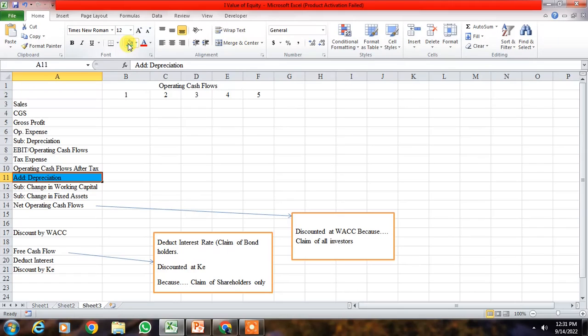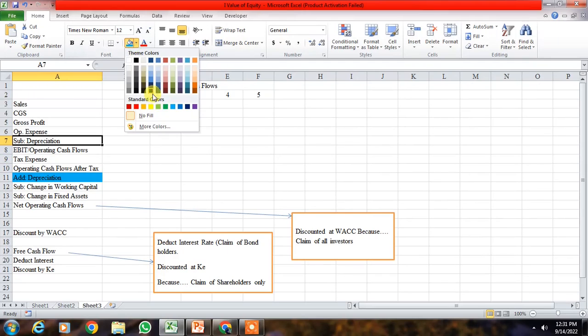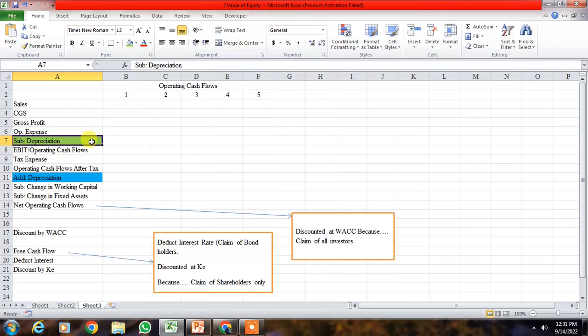So that is why we add it again, because it is not a cash-based expense. So if we are going to add it back, why do we deduct it? This is the second question. We deduct it to get the benefit of the tax. Once we deduct it, it reduces the operating cash flows, and when there are low operating cash flows, we are supposed to pay low tax.